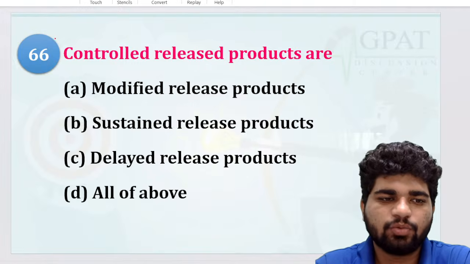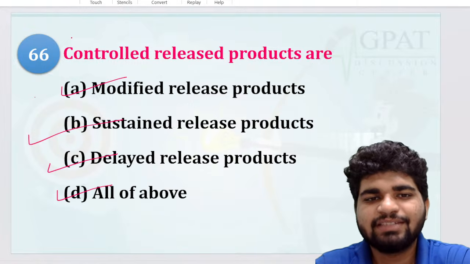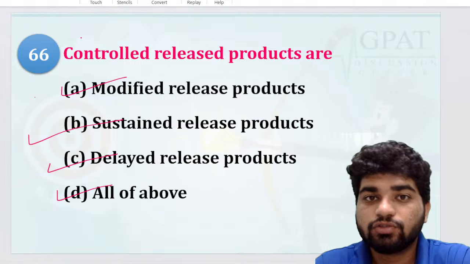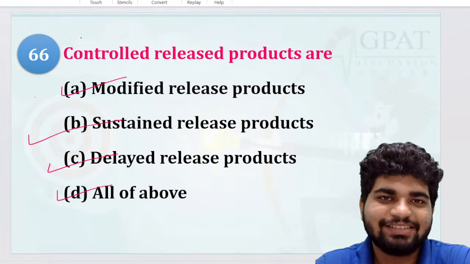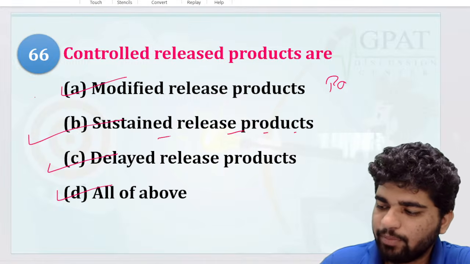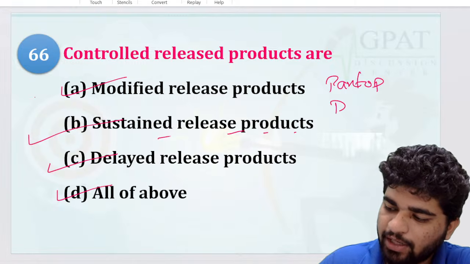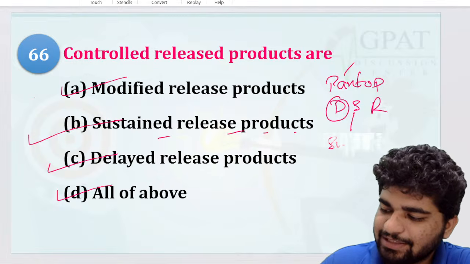Controlled release products are what? Modified release products, sustained release products, delayed release products, all of the above. Controlled release means the release is controlled. Slow release, fast release. That would obviously be your sustained release product. If you talk about Pantop DSR, pantoprazole, D for domperidone, and S for sustained release.